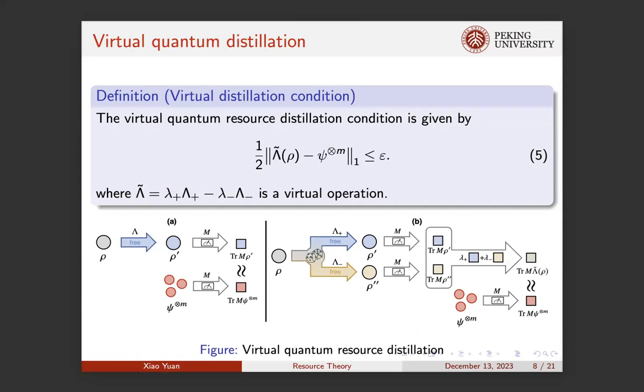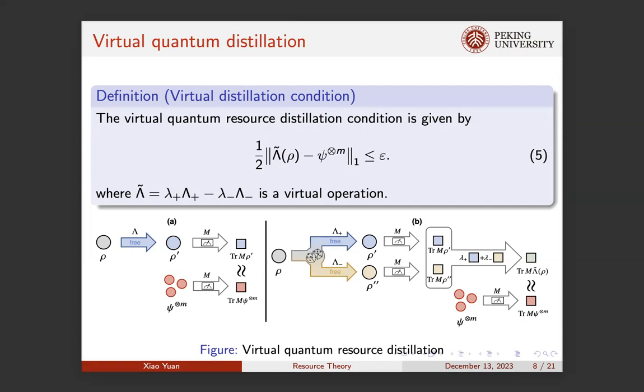Actually, I think what you just described is exactly our scenario. We just assume that if the state is measured, then you can always make use of the virtual protocol. Oh, but I meant that you are directly measuring the state you distill. Yeah, it's the same.